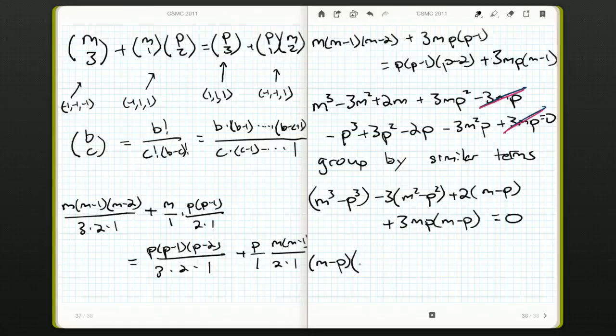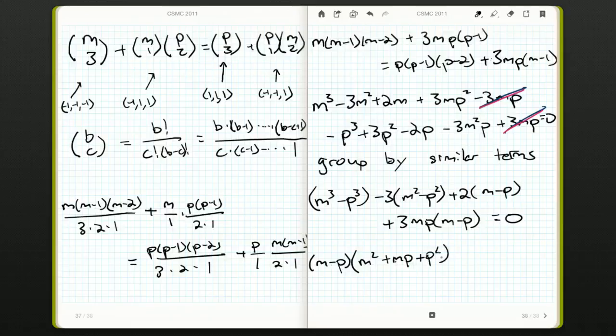That's going to be a pain to factor, but I think it's m squared plus, is it mp? How do I factor that one again? I think it's minus. So that'll give me m cubed minus m squared p, and that'll give me minus m squared p. So m cubed plus m squared p minus m squared p.